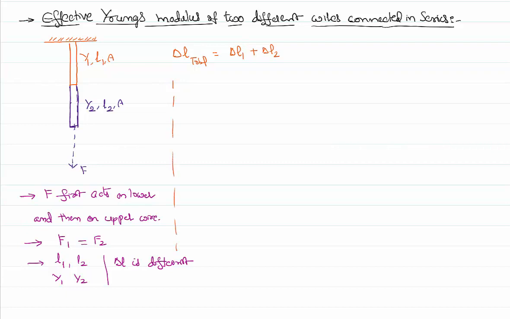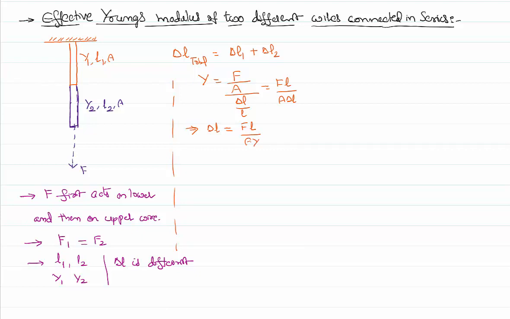Basing on the definition of Young's modulus itself. Let's remind ourselves what Young's modulus is. It's the ratio of longitudinal stress to longitudinal strain. Rearranging the terms, Y equals force into length over area into delta L. So we can write the equation for delta L as FL by AY.